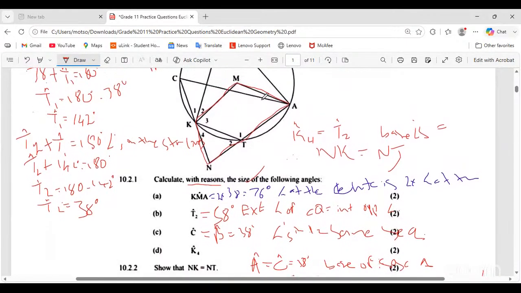This and this and this, when we add them, we get 180 degrees since those are the interior angles of a triangle. Now, angle N is equal to 180 degrees minus 38 minus 38. Reason being, the interior angles of a triangle are supplementary.